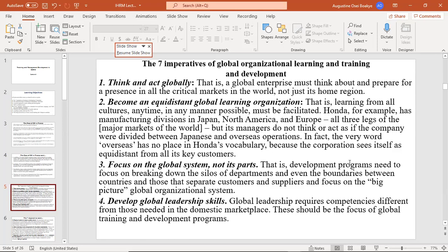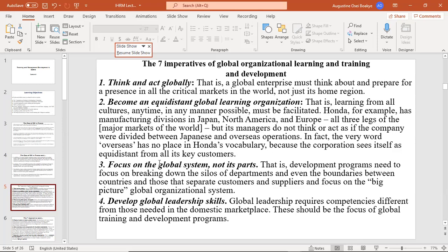That is, the development of programs needs to focus on breaking down the silos of departments and even the boundaries between countries and those that separate customers and suppliers, and focus on the bigger picture, that is the global organizational system.